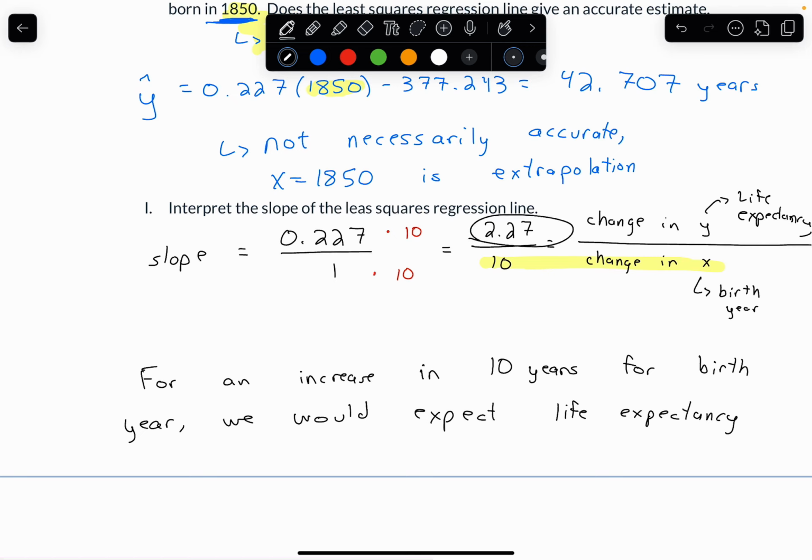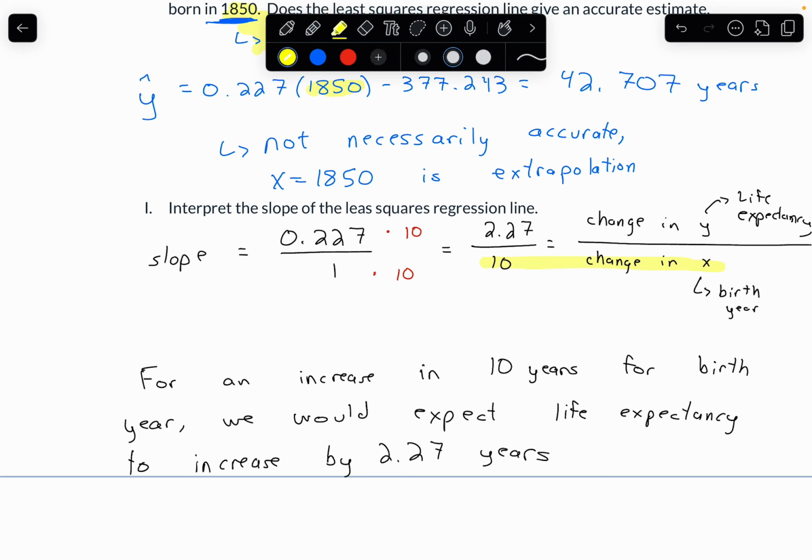And for that, I'm looking at the sign right here. We had a positive 2.27, so life expectancy to increase by 2.27 years. So if I was born 10 years later, I would expect my overall life expectancy to rise by roughly 2.27 years based on the model that we have.